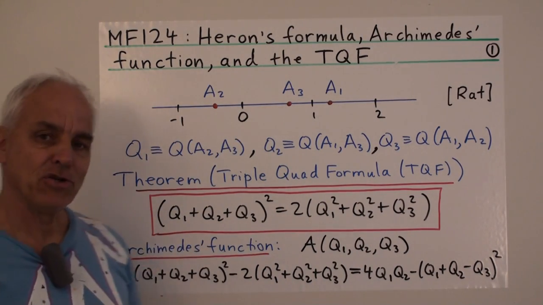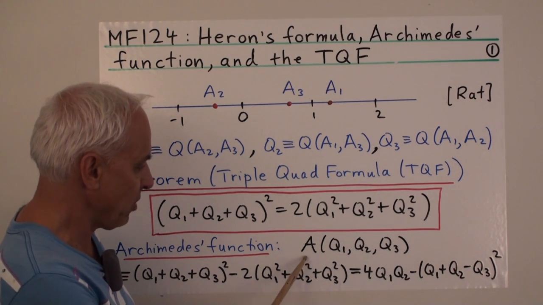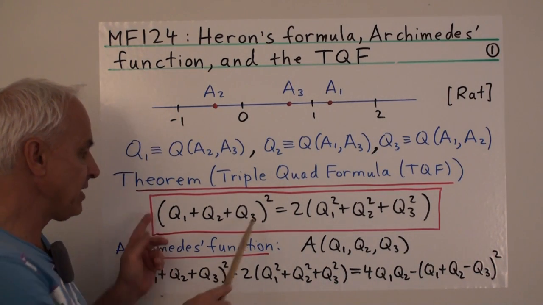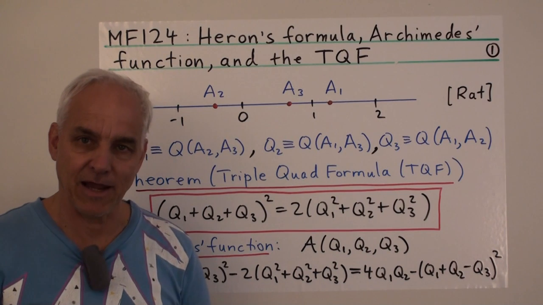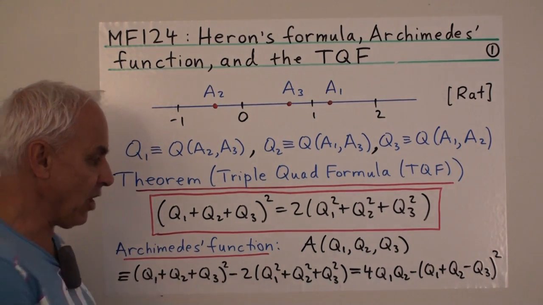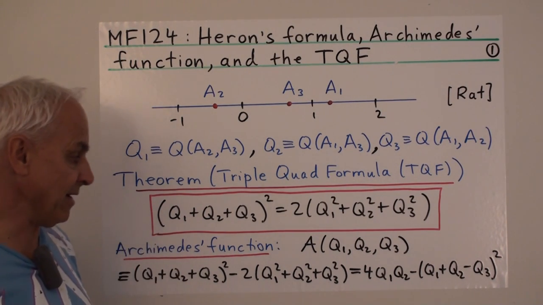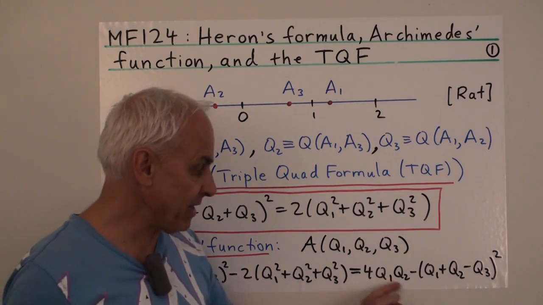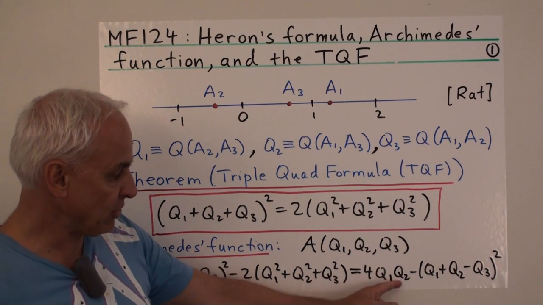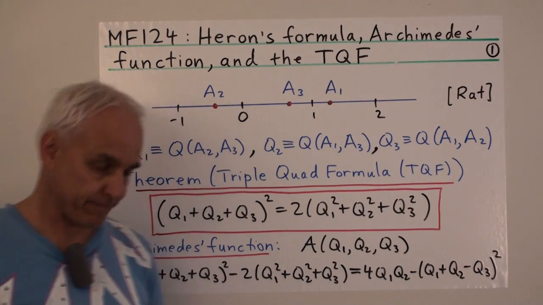And this motivates us to introduce what we might call Archimedes' function, which is the following expression. We'll call it A of Q1, Q2, Q3. So by definition, it's the difference between the left and the right-hand sides of the triple quad formula. And we saw that a little bit of algebraic manipulation allows us to rewrite this in an asymmetrical but somewhat simpler fashion as 4 Q1 Q2 minus (Q1 plus Q2 minus Q3) all squared.